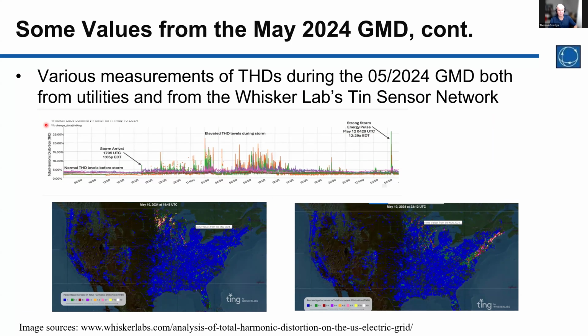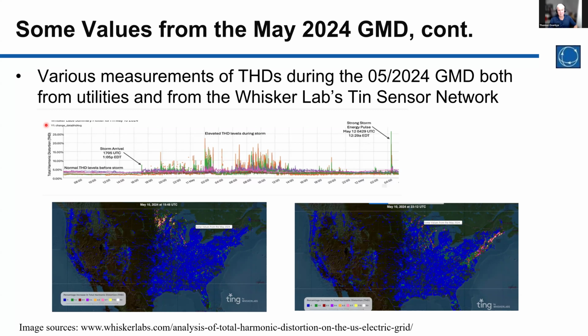So they put out a little document that explained how the total harmonic distortion varied on the grid during this event. As you can see from the graph on the top, which goes through several days, there were times where they were seeing relatively high total harmonic distortion.